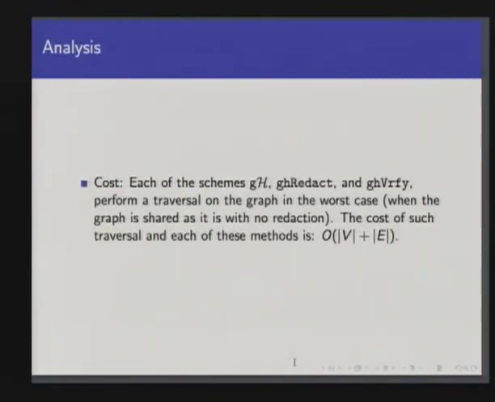The main mechanism underlying our algorithm is graph traversals, and mostly they are order V plus E complexity algorithms, number of vertices plus number of edges. But it is a little bit more detailed than that, and I don't want to go into detail.